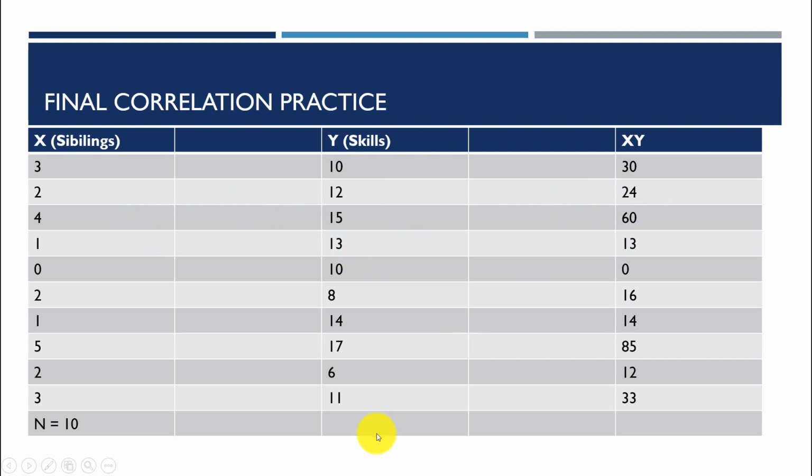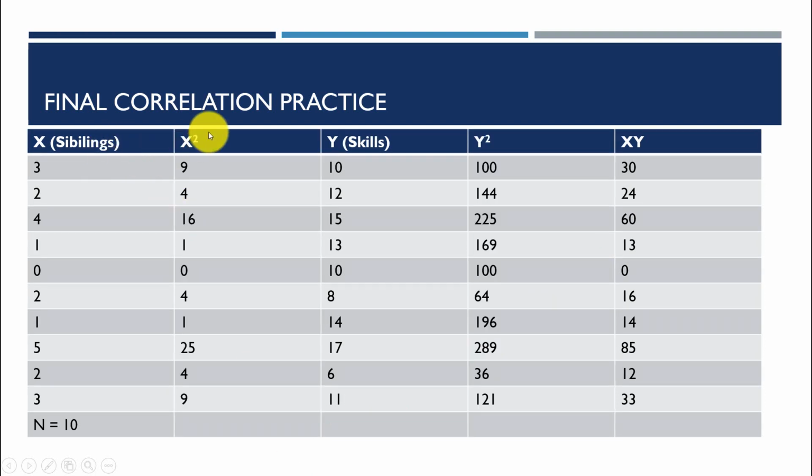The next slide should be fairly predictable. I put in the squares, so in the x squared column, we simply went 3 times 3 is 9, 2 times 2 is 4, 4 times 4 is 16, and then over here, 10 times 10 is 100, 12 times 12 is 144, 15 times 15 is 225, and so on.